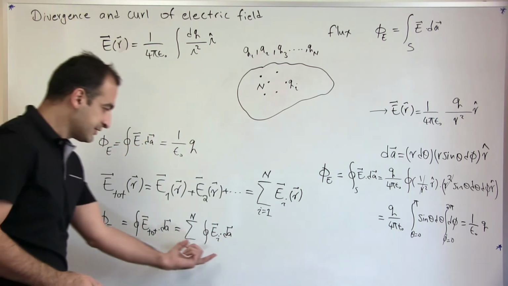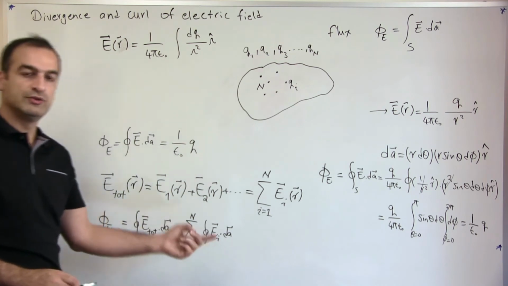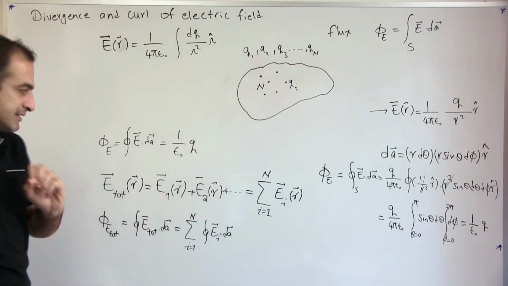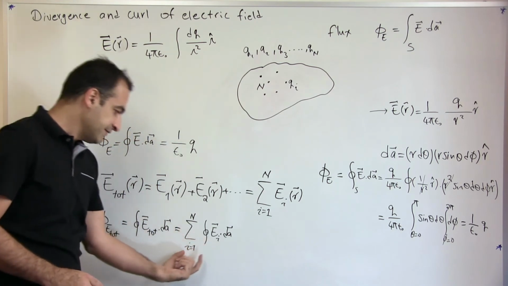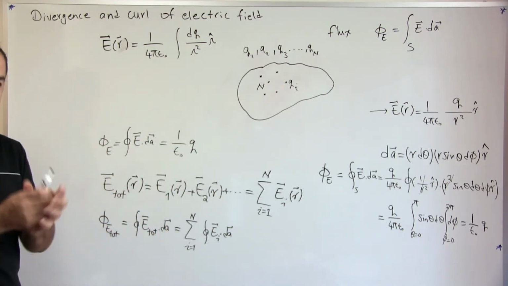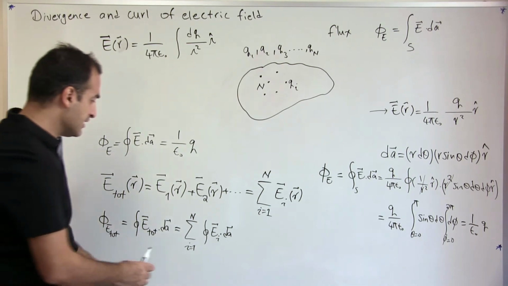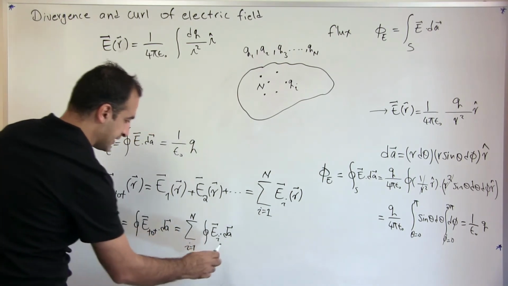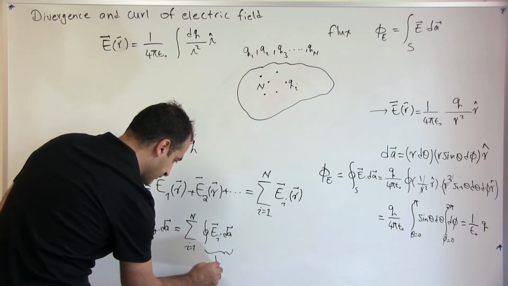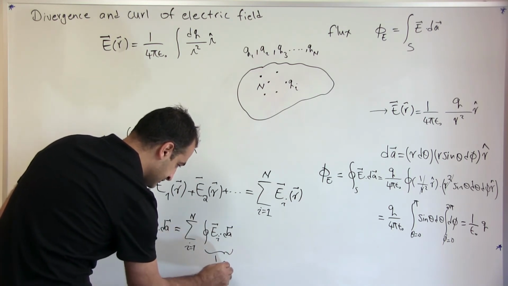So this is the integral of the electric field due to one point charge within the surface. And then we just sum over all the possible charges that we have inside that sphere. We already calculated this, and we know that this is equal to 1 over epsilon 0 Qi.